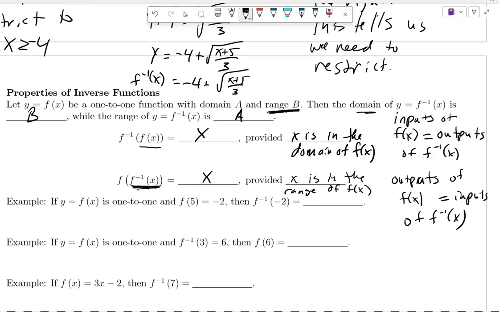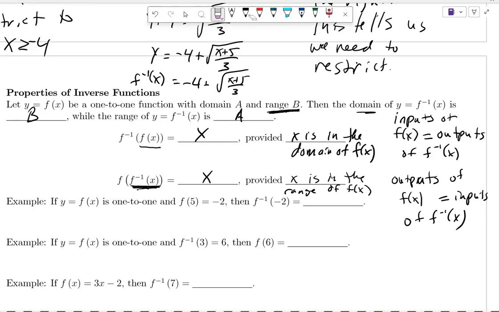Okay. All right. So let's look at these other examples here, and then we'll have some practice problems. Well, at least we're working towards the end of class here. All right. The function, you put in 5 and you got negative 2 out. This says undo that process.